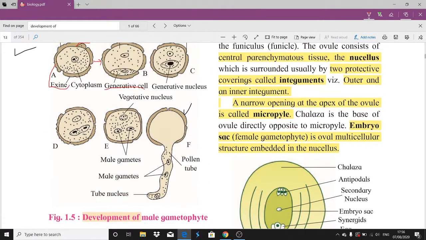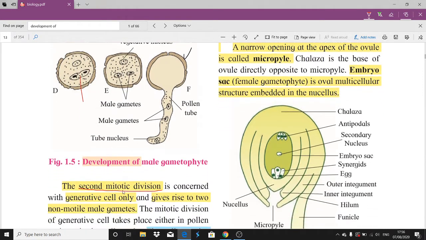So you can observe this is the generative cell and there are structural changes. Now you can observe this diagram is different, right? This generative cell is a little different from that generative cell. There are lots of differences. Why are these changes occurring? Because in this generative cell there is mitosis.